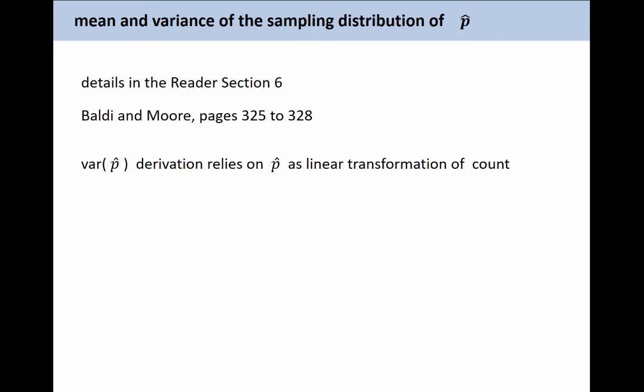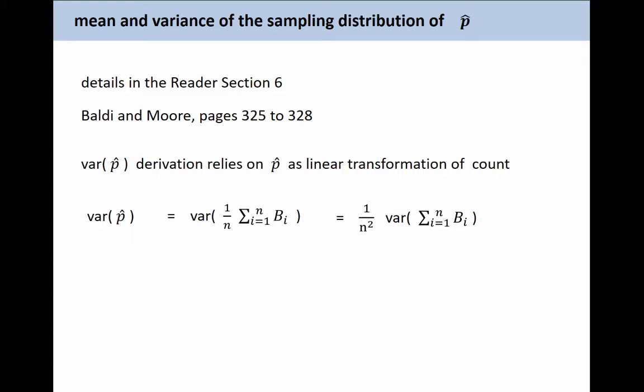The derivation of the variance of p hat also relies on our setup with the Bernoulli random variables. P hat is just a linear transformation of the count. So the variance of p hat is the variance of 1 over n times the sum of these Bernoullis. And it's important when you work with those linear transformation formulas for variances.